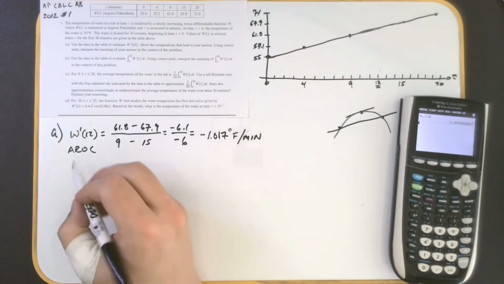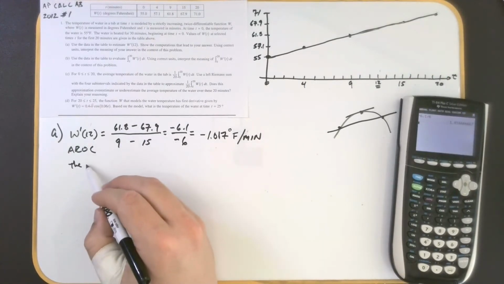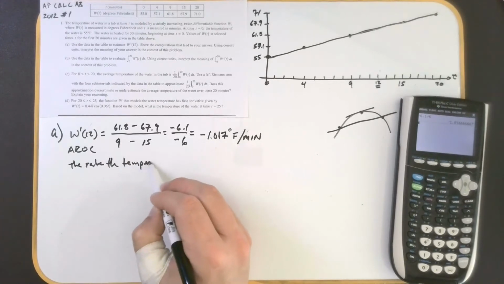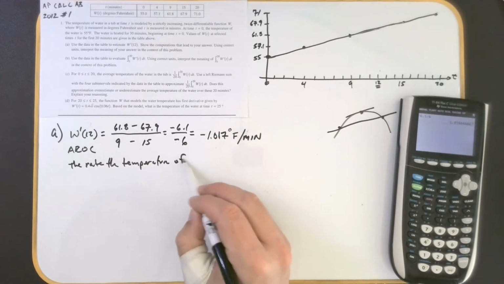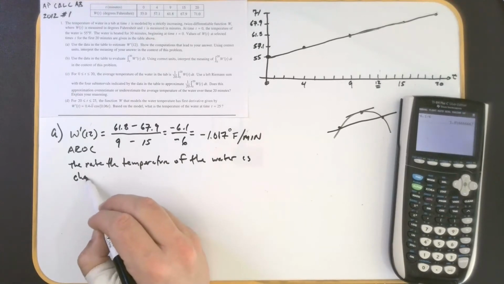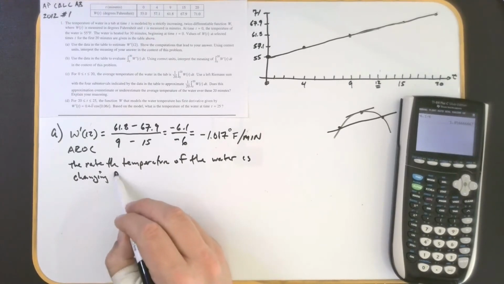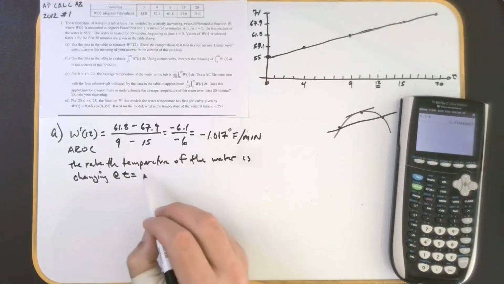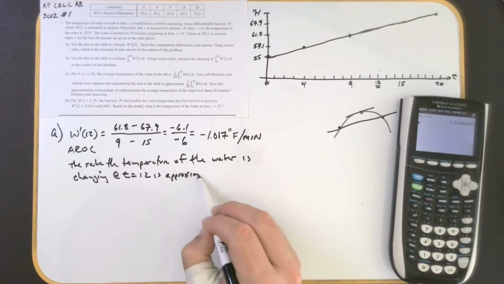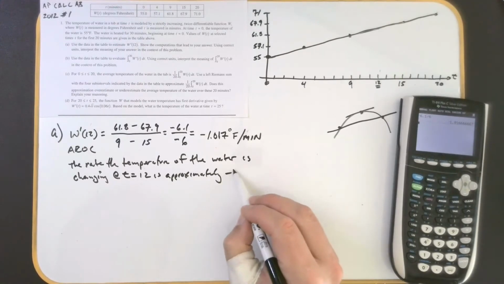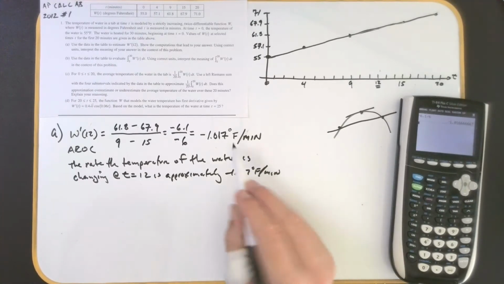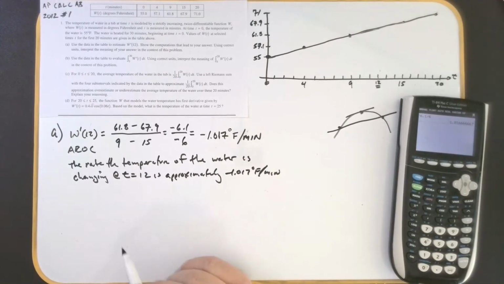And so you just want to write down that the rate the temperature of the water is changing at time equals 12 is approximately, because we did estimate, so is approximately negative 1.017 degrees Fahrenheit per minute. So sometimes you wind up writing the number twice, so that's fine. All right, and there's your 2 points.